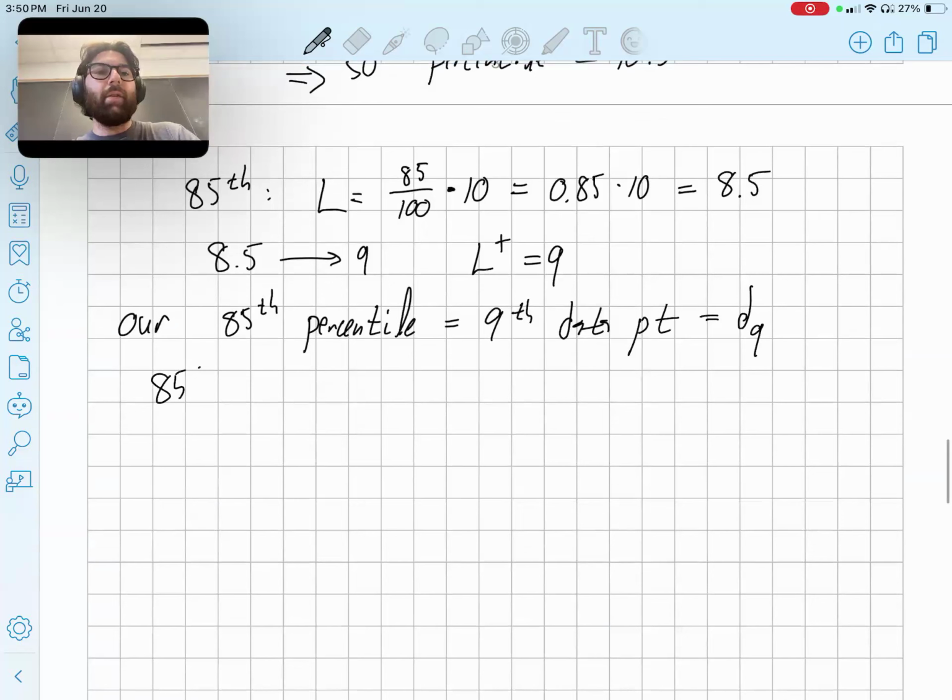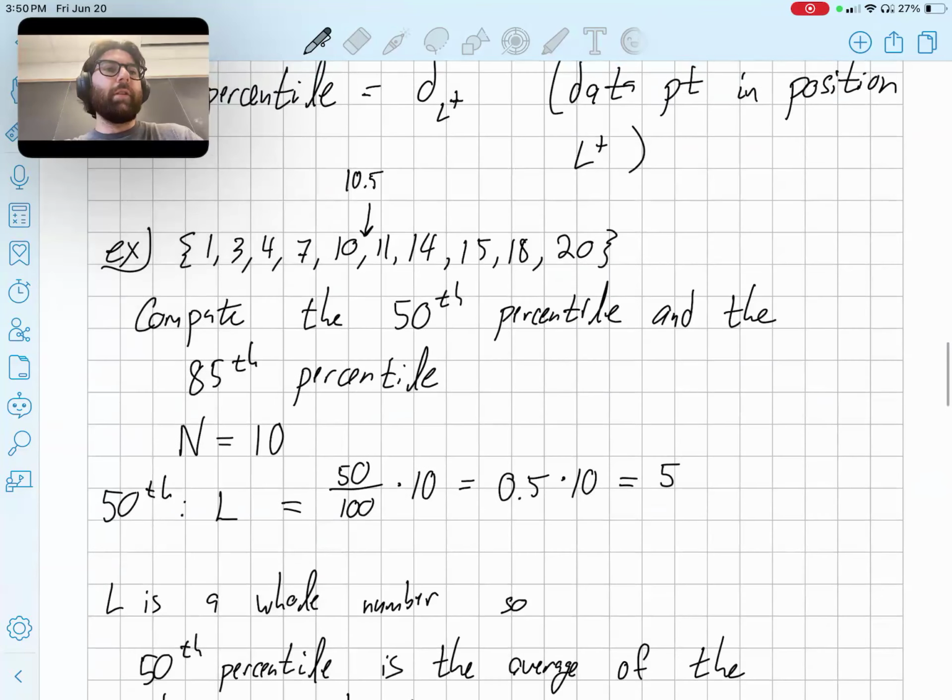So the 85th percentile is 18. So I'll draw this here: the 85th percentile, and this is the 50th percentile.